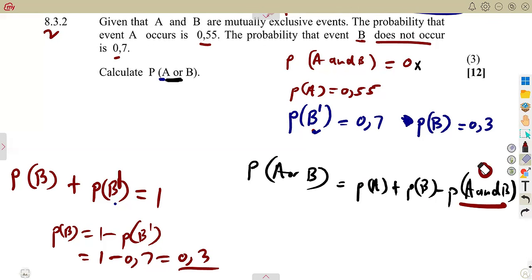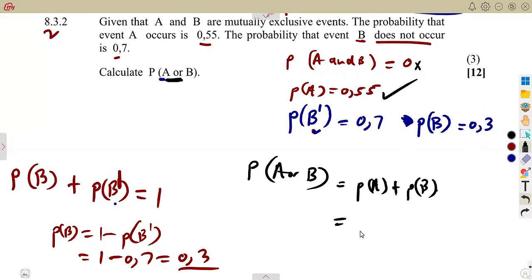So instead, for mutually exclusive events, we'll end up saying the probability of what is in A or B is simply equal to the probability of what is in A plus what is in B. So we have what is in A, 0.55, plus what is in B, which is 0.3, the one that we calculated.